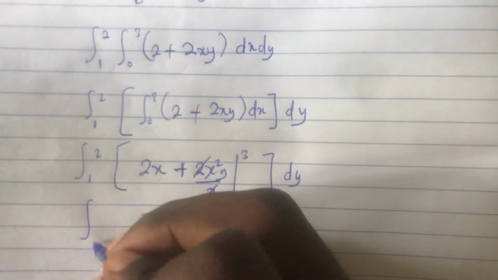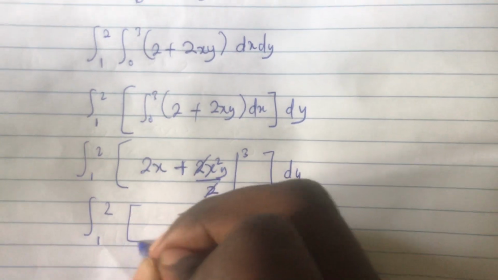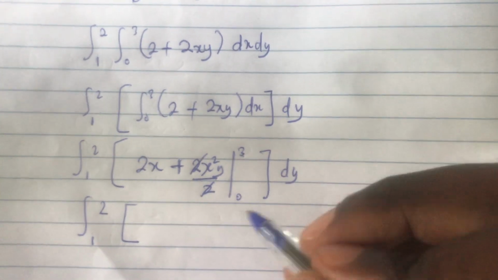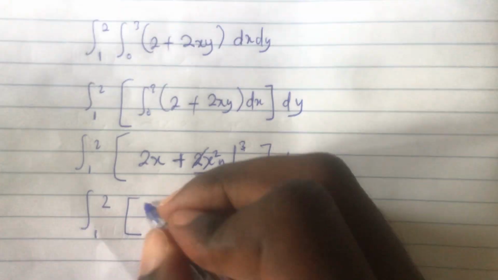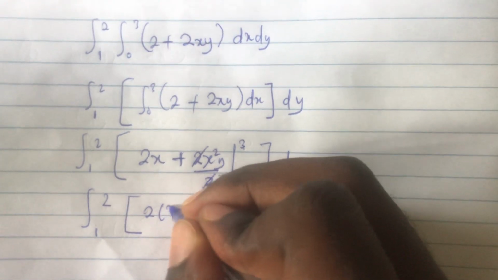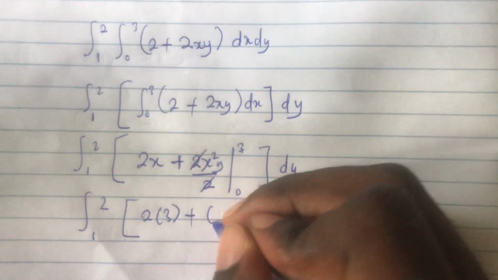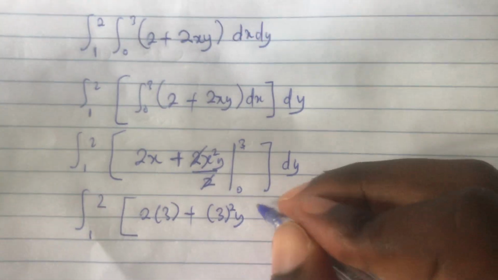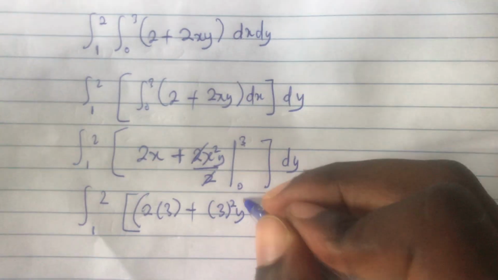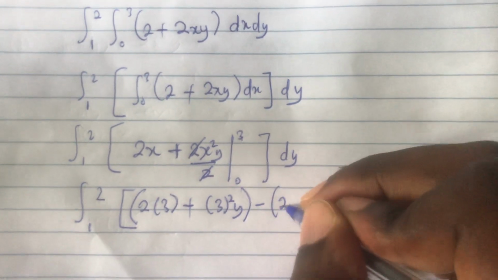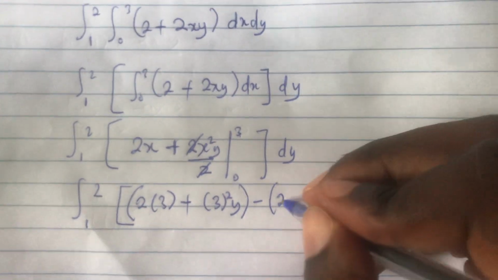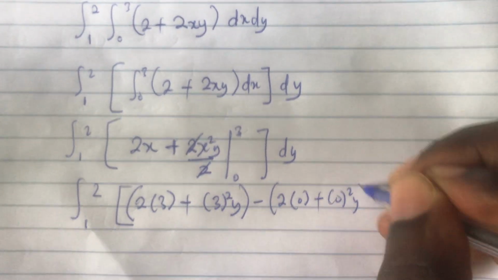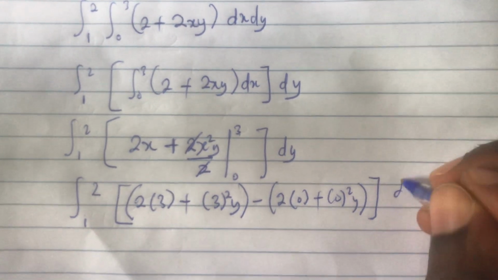So here we first put in the upper limit, then minus the lower limit. So upper limit, we have 2 into bracket 3 plus 3 squared y, minus the lower limit 0, so you have 2 into bracket 0 plus 0 squared y, dy.